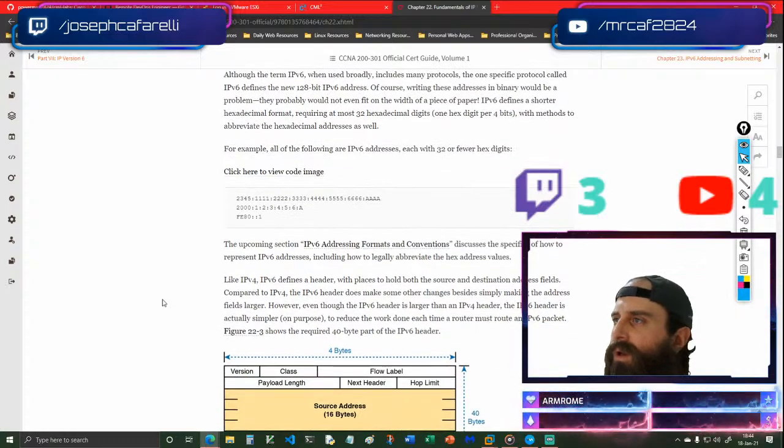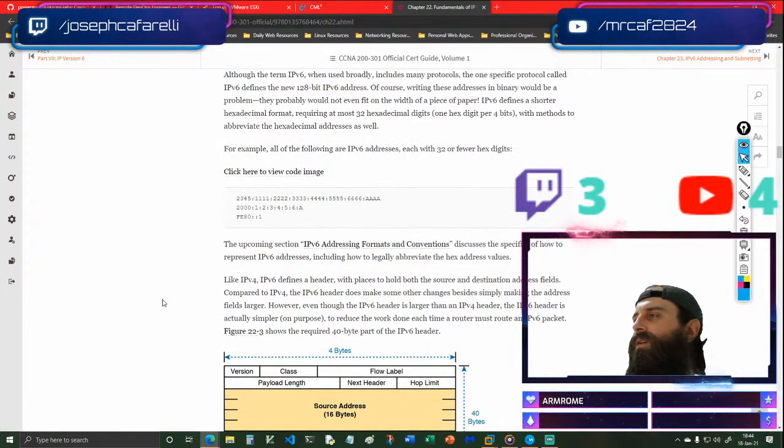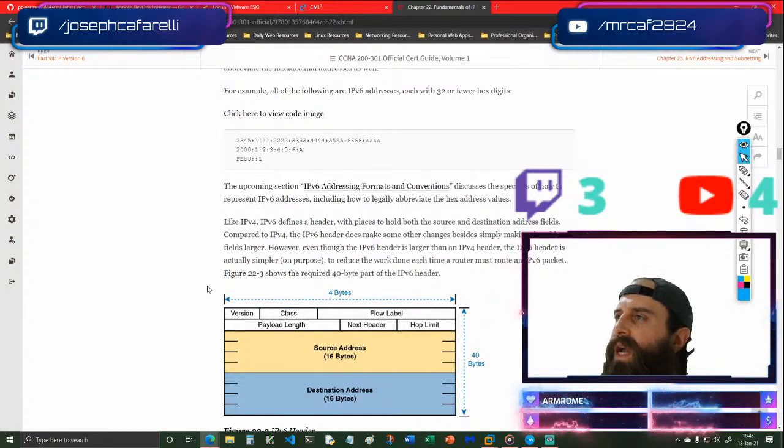So, all right, the upcoming section, IPv version 6 address formats and conventions, discusses the specifics of how to represent an IPv version 6 address, including how to legally abbreviate the hex address values.